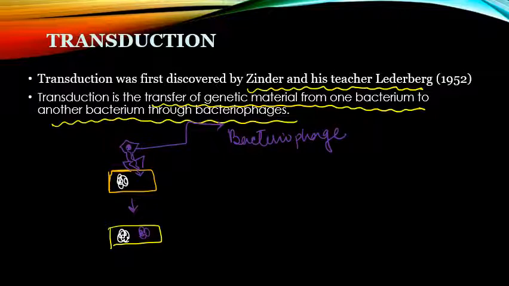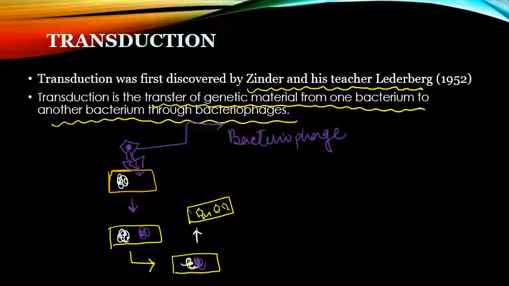This bacteriophage DNA will combine with the bacterial genome, and after some time this DNA produces its virus proteins. Once virus proteins are produced, the bacterial cell will lyse and release the new bacteriophages. Clear? So this is also called the lytic cycle.